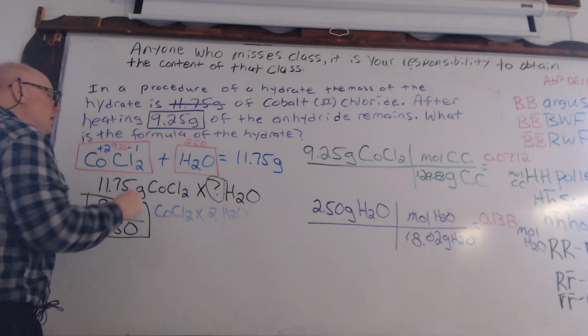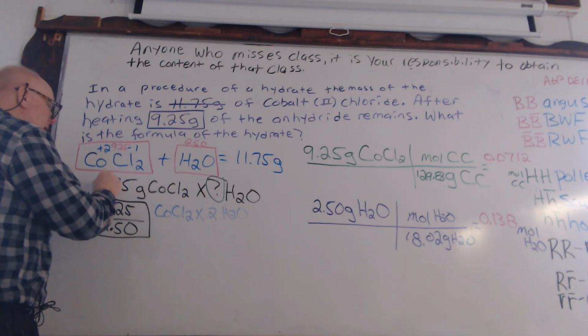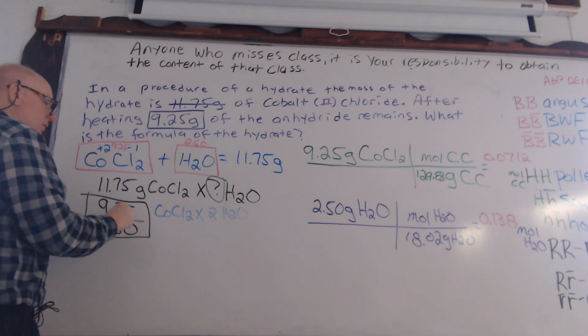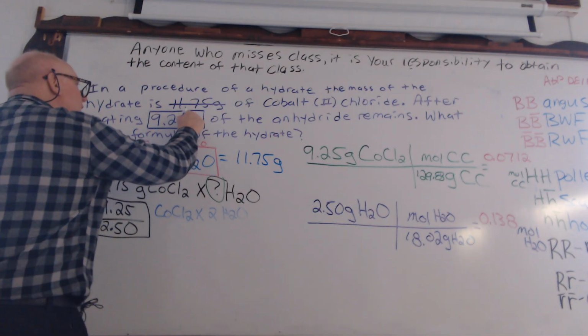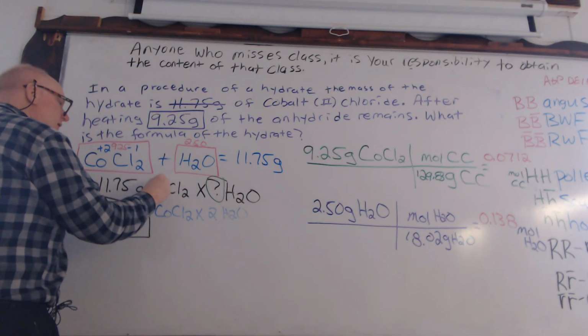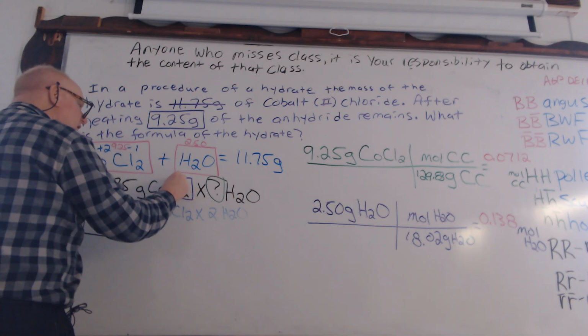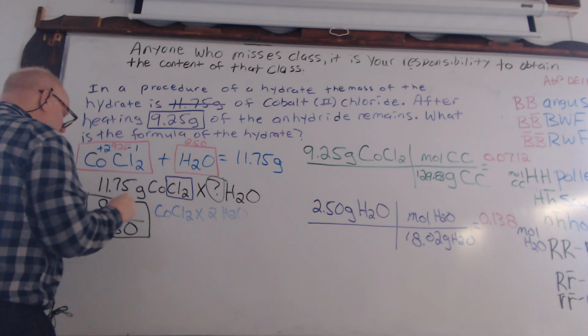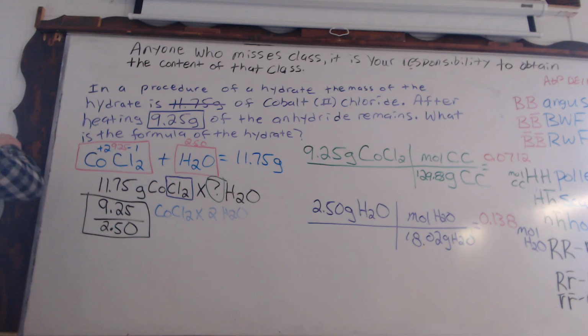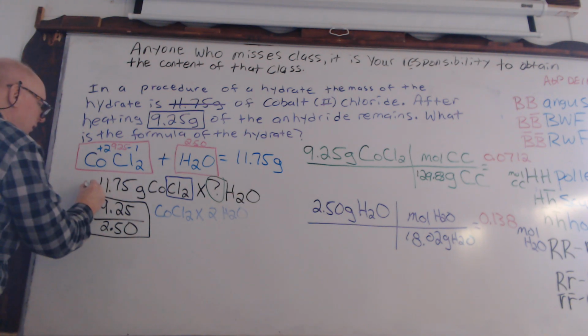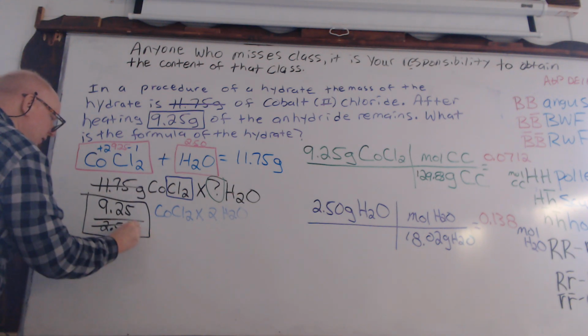So we want to know of the 9.25 grams of this cobalt chloride, what is the percent composition of just the chlorine? So again, we disregard that number and that number.